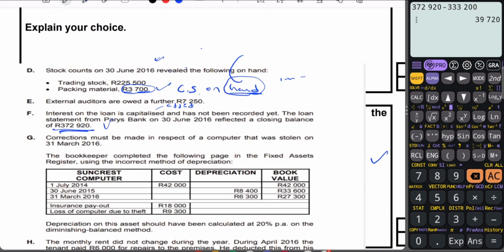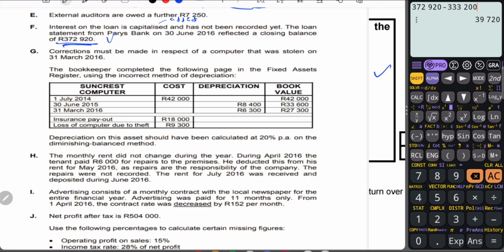Information number G, correction must be made in respect of a computer that was stolen on 31 March 2016. The bookkeeper completed the following page in the fixed asset register using the incorrect method of depreciation. Here we are given the computer, the cost price, the depreciation, the book value.